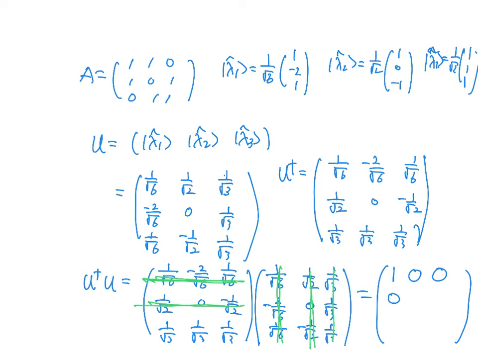This and this? 1. And this and this? 0. These are very interesting properties. Next, 0. Second, this with this, 0. Finally, 1. So the adjoint is actually the inverse, right?